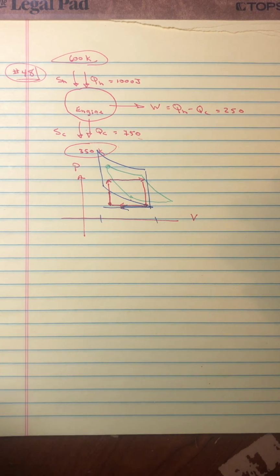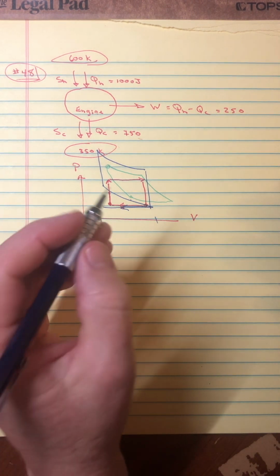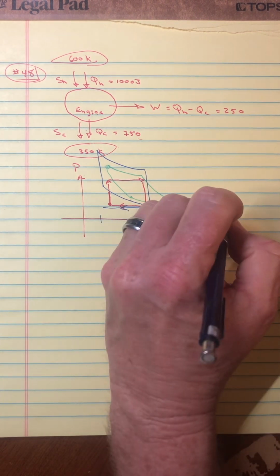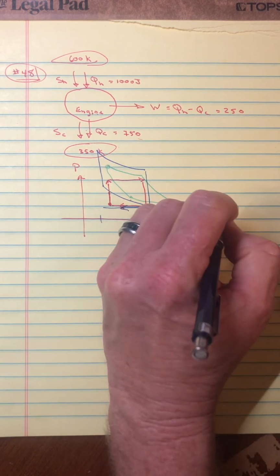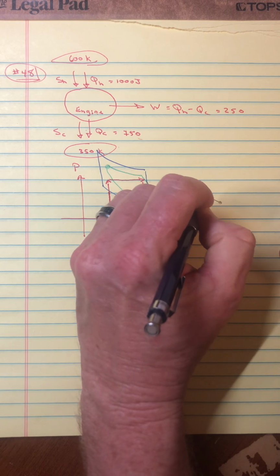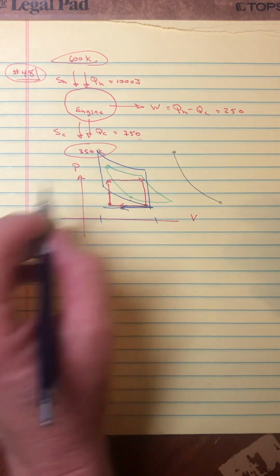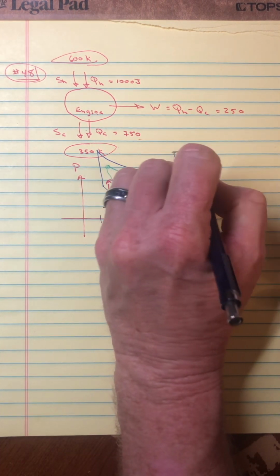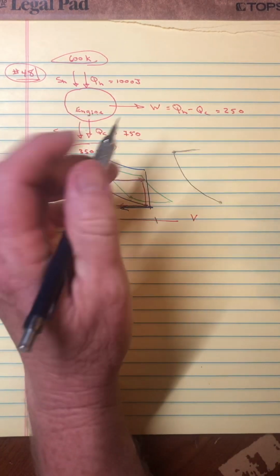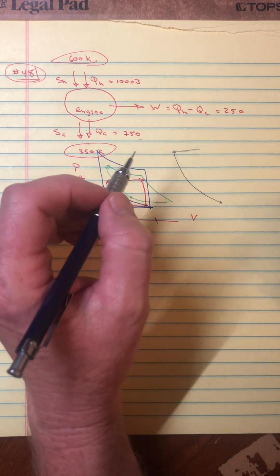I don't have another color nearby, but a diesel cycle kind of starts off like the Otto cycle, adiabatic, but it has a higher compression ratio. And then you do a direct injection of the fuel, which keeps it burning.